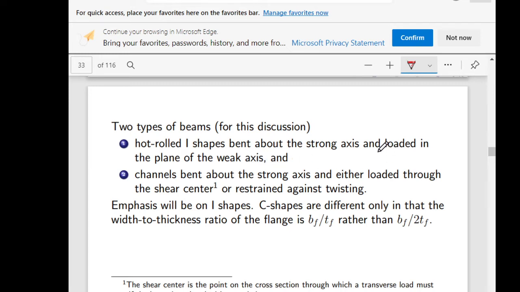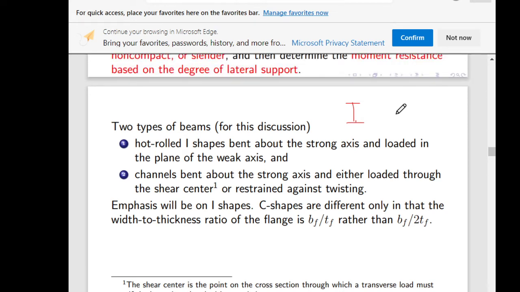For the strong axis of I shapes, since it is a beam, the figure of that I beam is the cross section, seen from the top. Since you have the loads acting vertically, your strong axis is the x-axis, and your plane of weak axis is the y-axis.